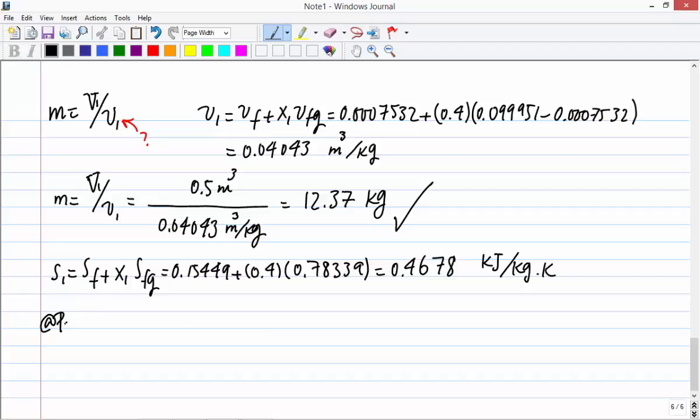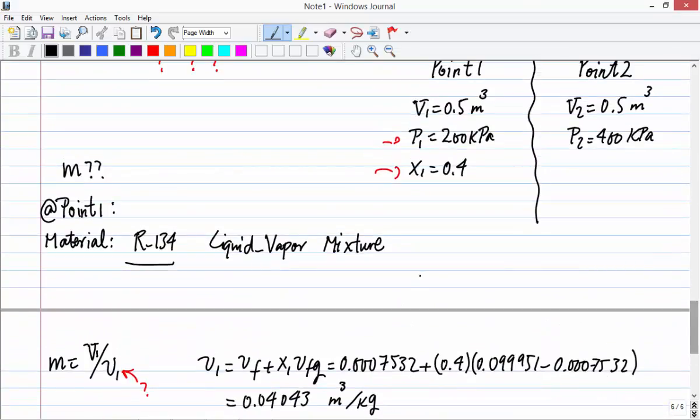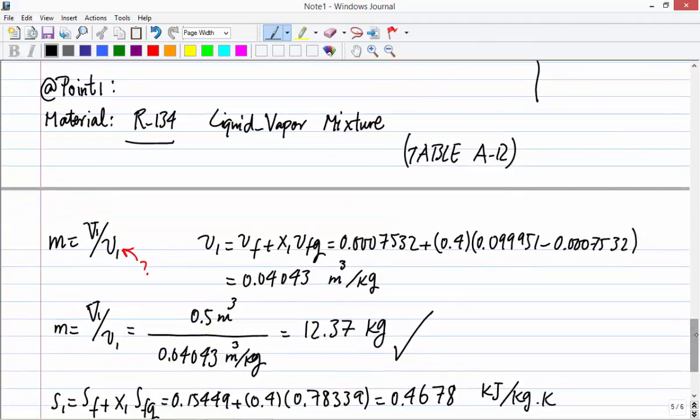Now I need to switch to the other point, which is the final state. And once again, the material is R134A. I forgot to mention that I checked all these values at table A12.